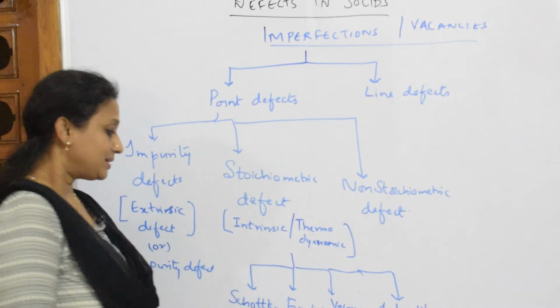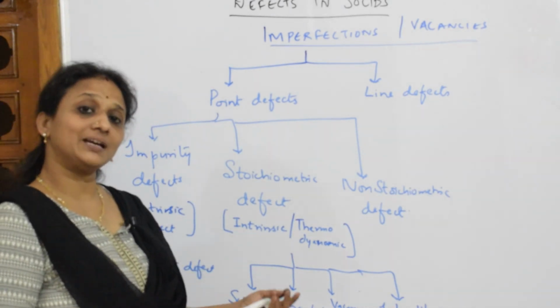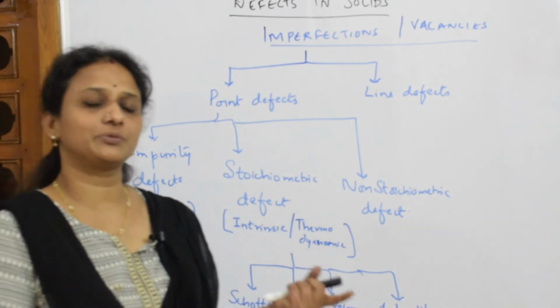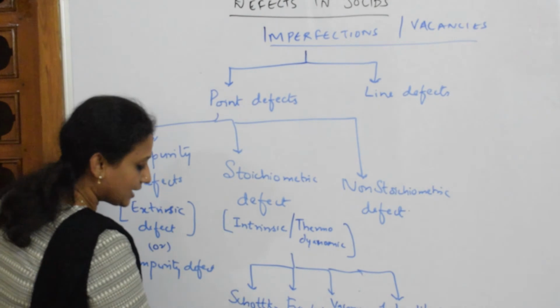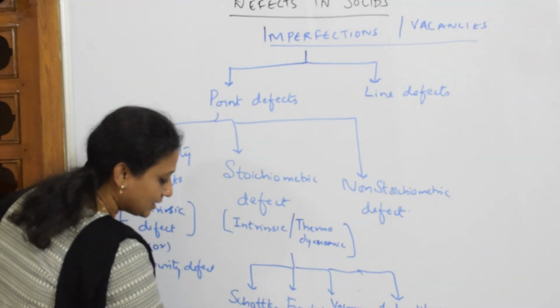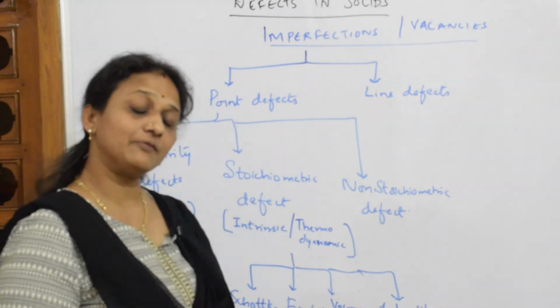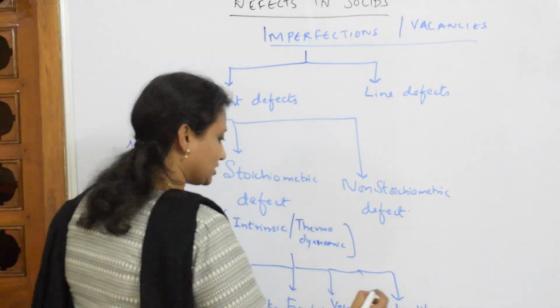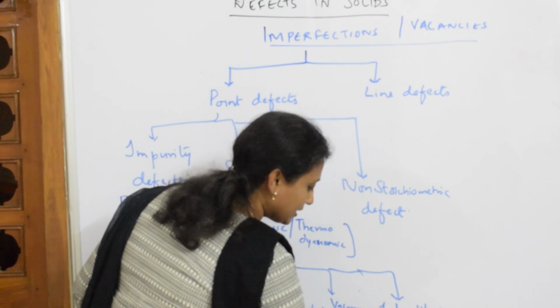Basically, Schottky and Frenkel defects are shown by ionic compounds like sodium chloride, cesium chloride, zinc chloride, right? So Schottky and Frenkel are seen in ionic compounds. And when I speak about vacancy and interstitial, they are observed in non-ionic compounds.